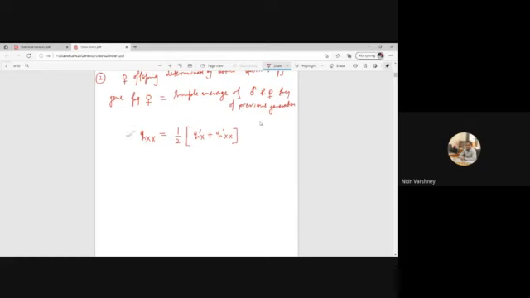Okay, so I can write for the parental generation, Q prime XX is equal to half of Q double prime X plus Q double prime XX. So this is for the offspring generation, and this is for parent. So these are my grandparents, and this is parents. Okay, are you getting the point?